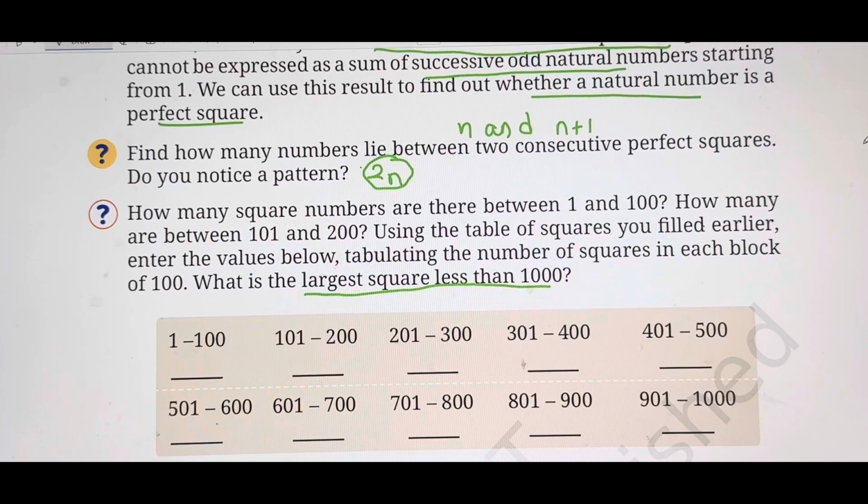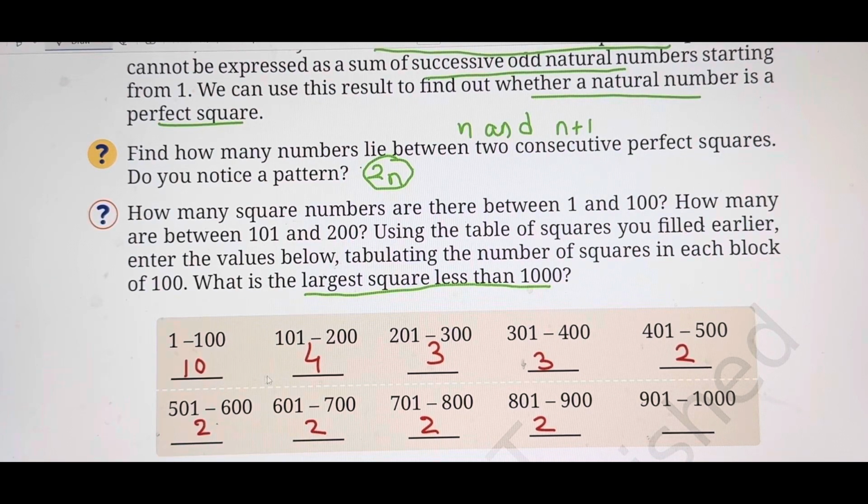Come back to the question and let us fill in the information which we just collected. Between 1 to 100 there are 10. Then 101 to 200 there are 4. 201 to 300 there are only 3. Similarly here also there are only 3. Then between 401 to 500 there are 2. Again here also 2, 2, 2, 2.